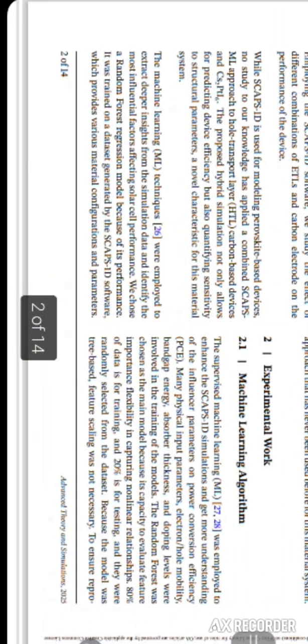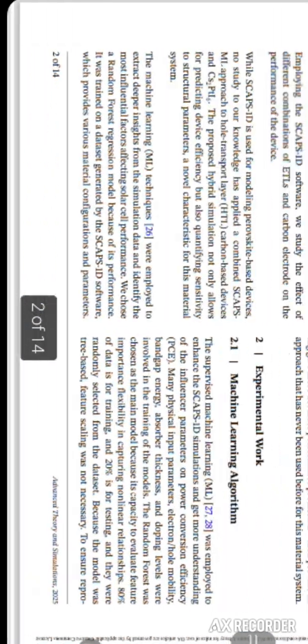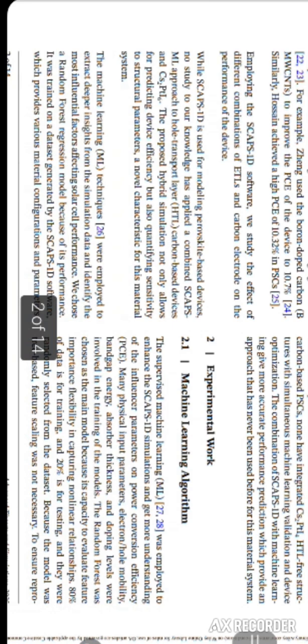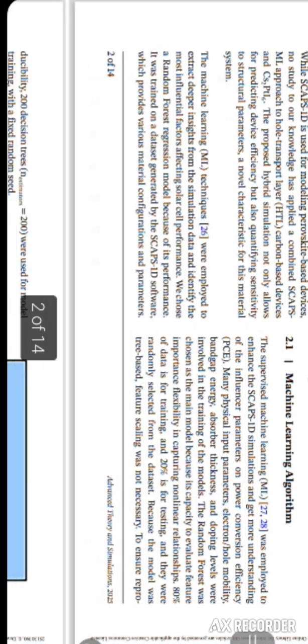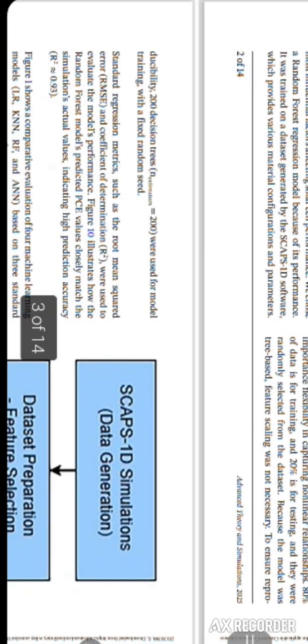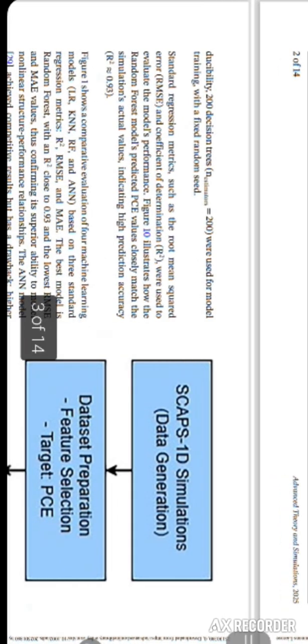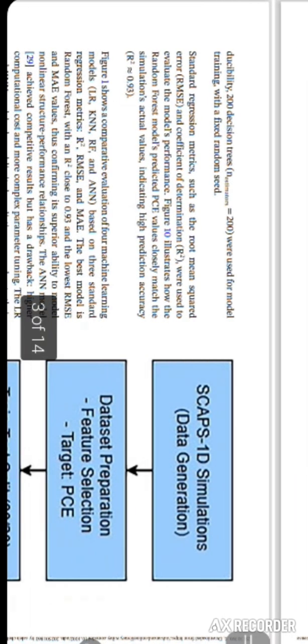Next, about the methodology, they started to discuss the machine learning algorithm methodology. They first simulate cells using SCAPS-1D and generate data.